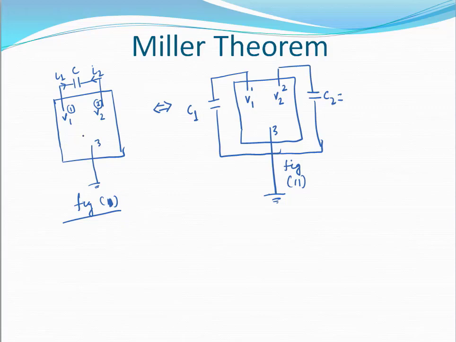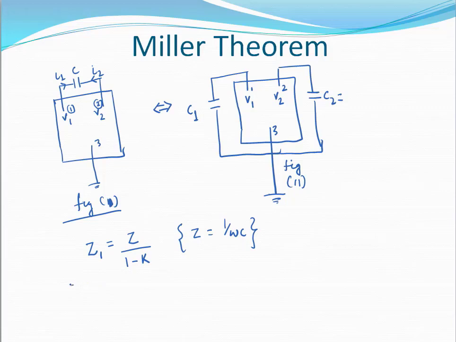Because the capacitive impedance comes as 1 by C, the result will come inverted. So in case of impedance, we will get Z1 is equal to Z by 1 minus K, and Z is equal to 1 upon omega C. So Z is inversely proportional to the capacitance.